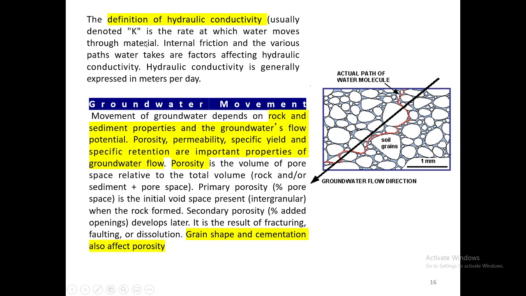This material is the medium through which it is going to move, and the internal friction and various parts of water are factors affecting hydraulic conductivity, and hydraulic conductivity is generally expressed in meters per day. So it is the cross section through which the water is moving in unit time. So that is a vector quantity. It is quite similar to the phenomena of permeability, but permeability is a scalar quantity.